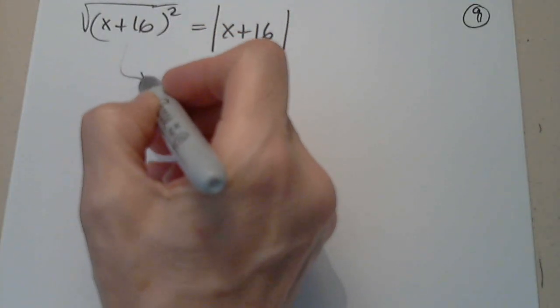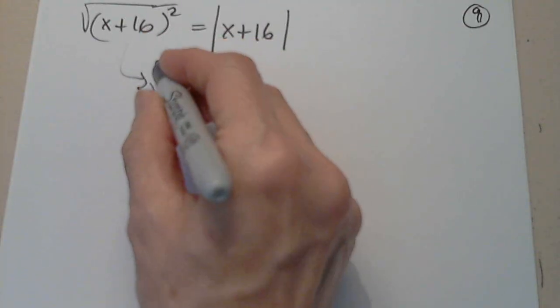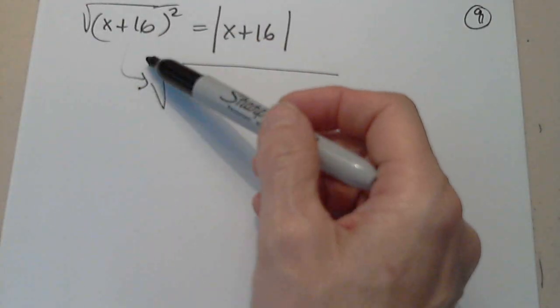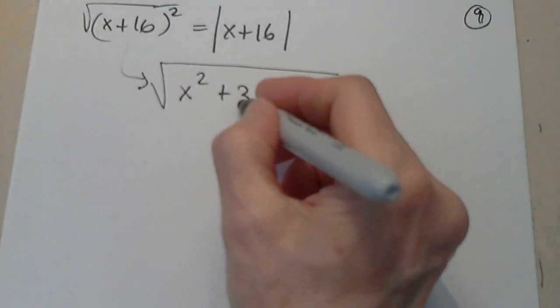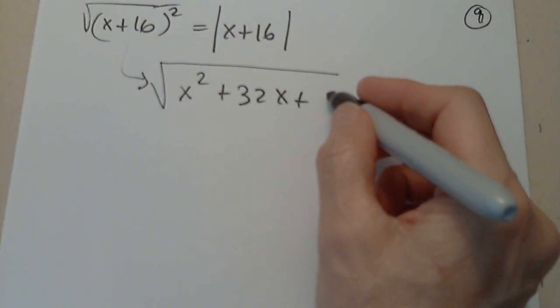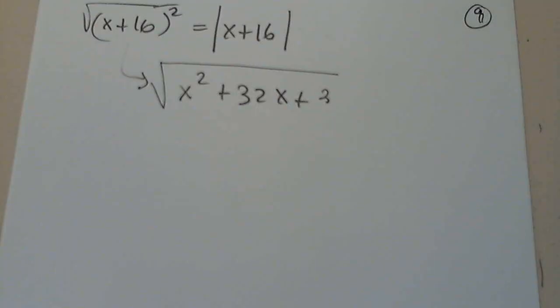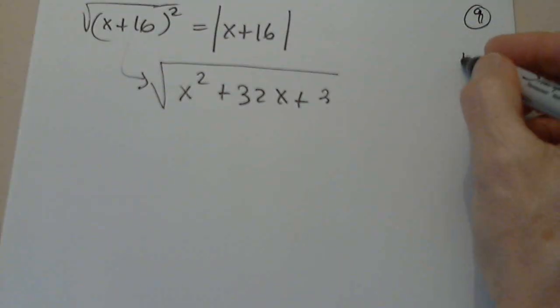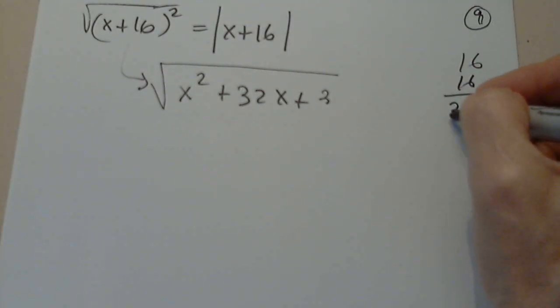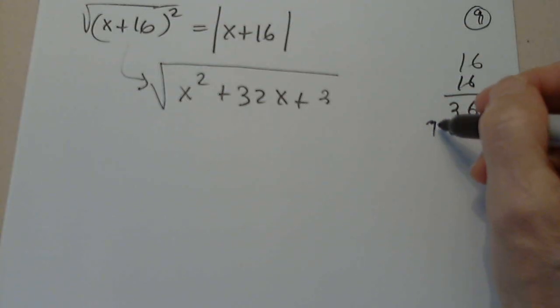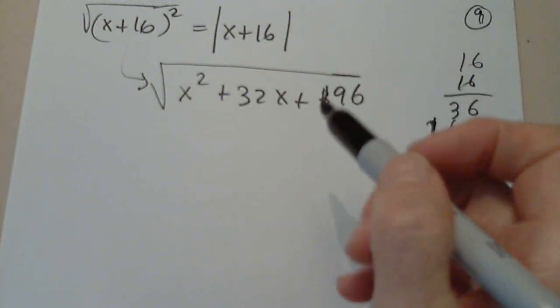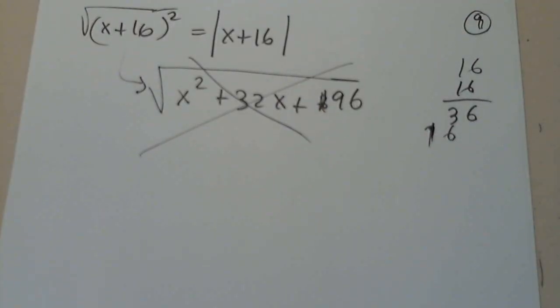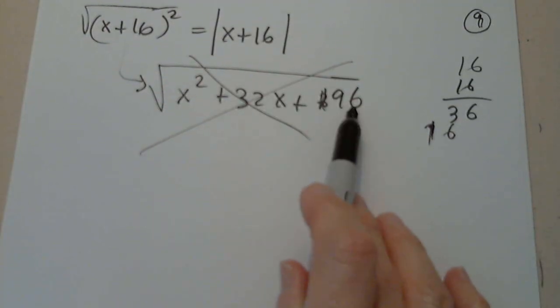There is no point, this will be a mistake, to, let's say, decide, oh, I can square this. That would be terrible. x squared plus 2 times the first times the second plus the second term squared. What is 16 squared? Yes. So 196. This will be terrible. Correct, but terrible, because I can simplify. It has 3 terms under the radical.